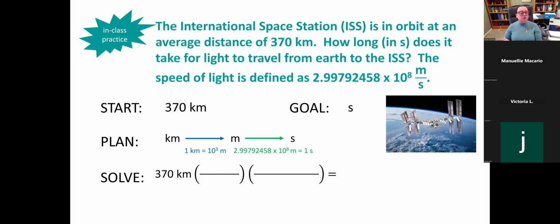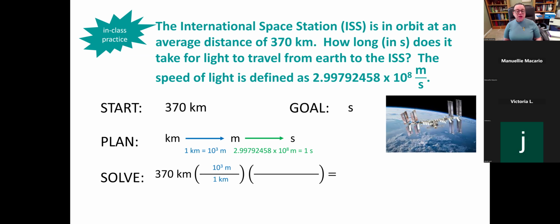Okay, so let's start with, we've got 2 conversion factors here, so we have 2 steps in our plan. We'll do them one at a time. Do you want to put the kilometers from the first conversion factor, the blue one, in the top or in the bottom? Yep, it's going to go in the bottom.